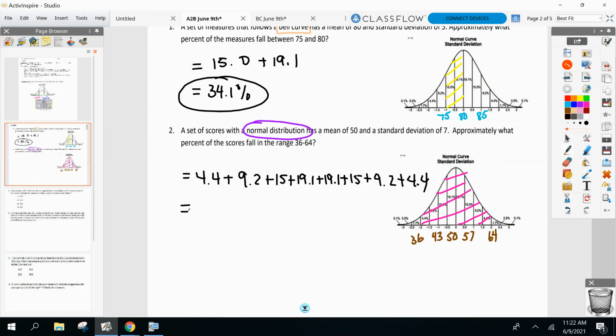In fact, we have about 95.4% fall in between 36 and 64. It's not that bad, right? These problems aren't that bad. Find out where my numbers are, add them up, no big deal.